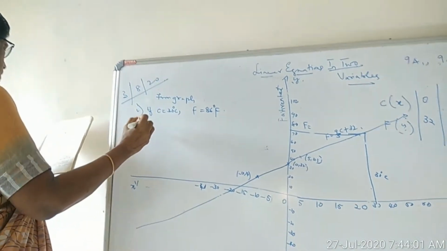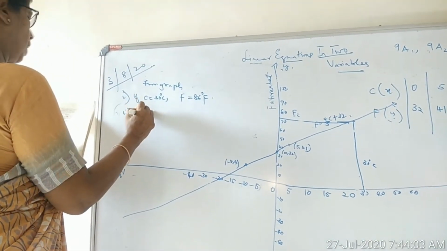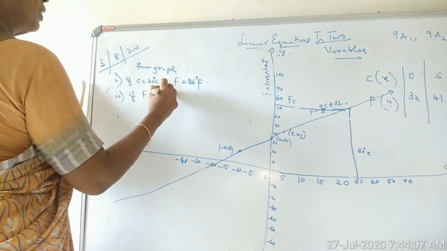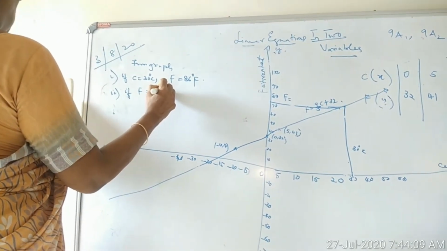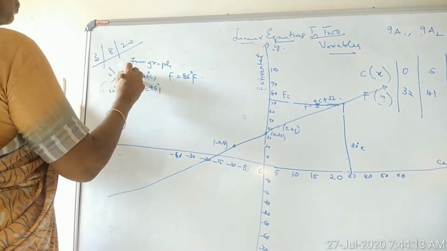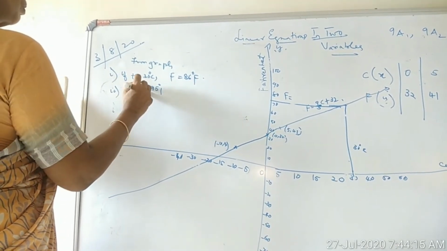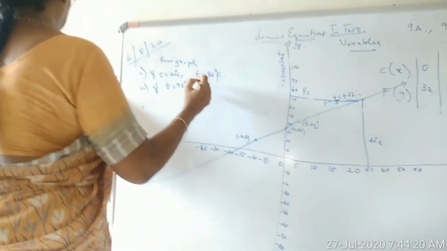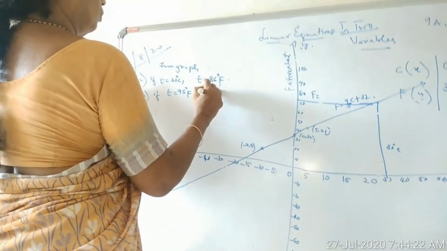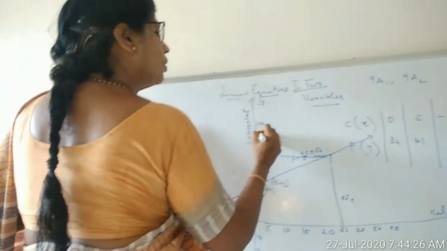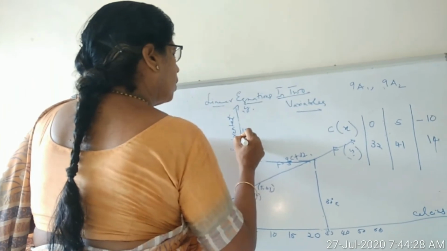Second one, if F is equal to 95 degrees Fahrenheit, what is the temperature in Celsius at 95 degrees Fahrenheit?